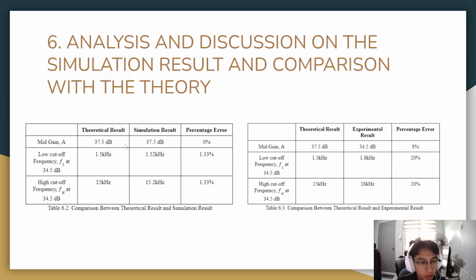So this is the comparison between theoretical result and simulation result. For mid gain, the theoretical is 37.5 and the simulation is 37.5, so the percentage error is 0% because it is the same. And for FL at 34.5 dB, the theoretical is 1.5 kilohertz, while simulation is 1.52 kilohertz.